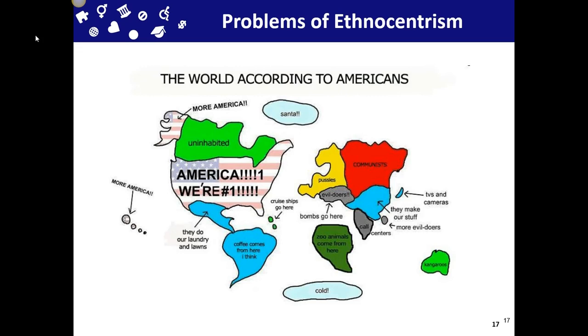I think it's a pretty good example of ethnocentrism, particularly this idea within ethnocentrism that one's cultural practices or standards are better than others'. And this can have very real and detrimental consequences to individuals and populations. Ethnocentrism can result in things like prejudice, discrimination, war, and even genocide.